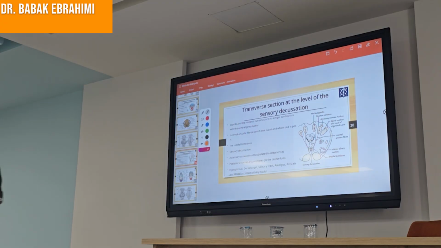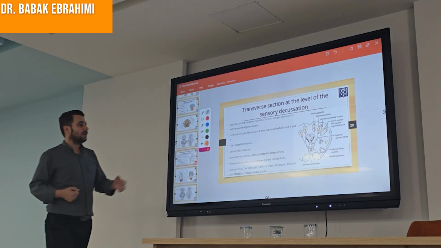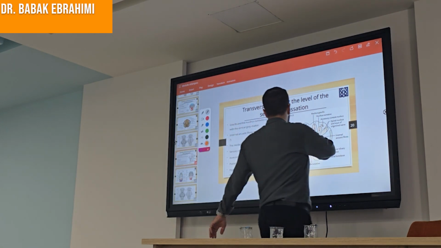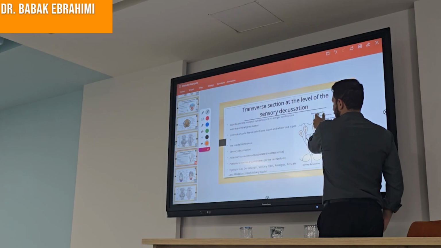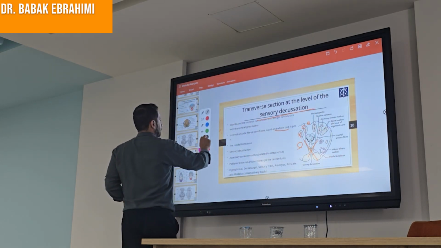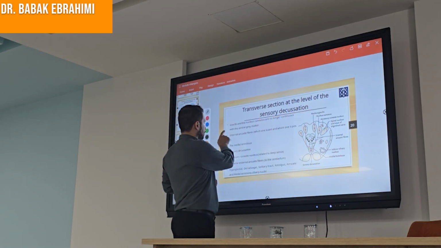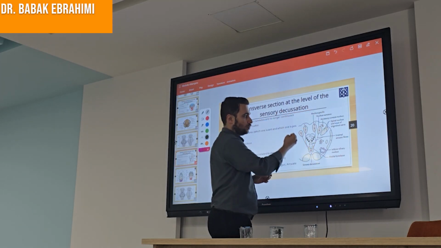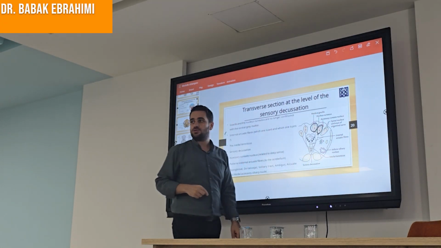I told you about gracilis and cuneatus, the sense of upper limb and lower limb. Look at here. At this level, we have gracilis nucleus and cuneatus nucleus. The information from the spinal cord comes to this part, gracilis and cuneatus.